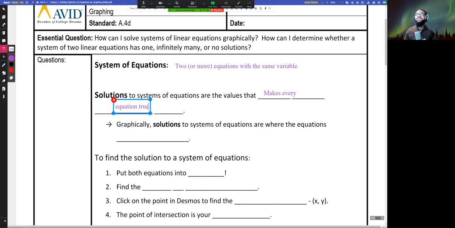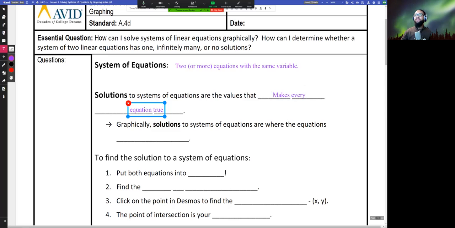So if we've got 6 different equations, that means our solution needs to make all 6 of those equations true. If we only have 2 different equations, our solution just has to make those 2 equations true. And what we mean by making an equation true is just making sure that when we plug it into that equation, what we get is a factual statement.